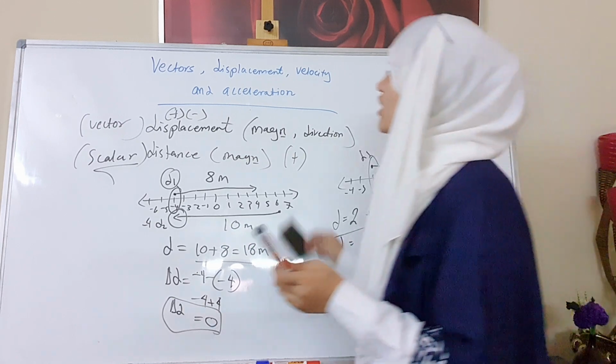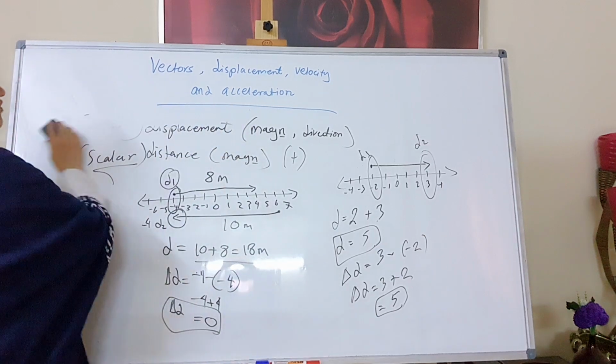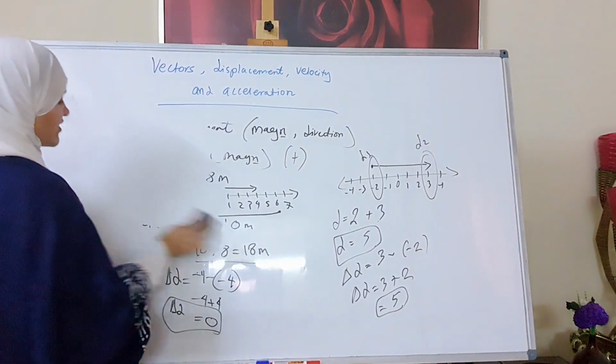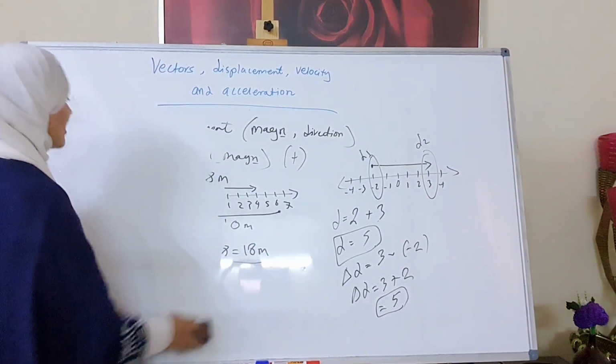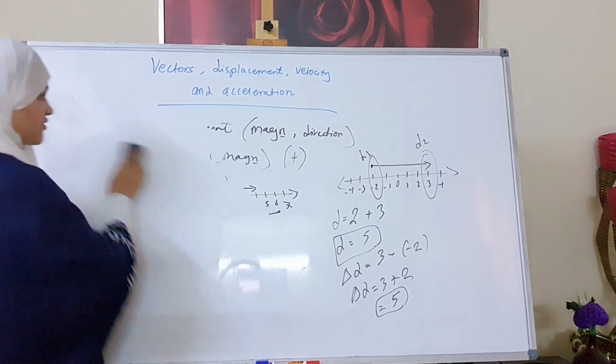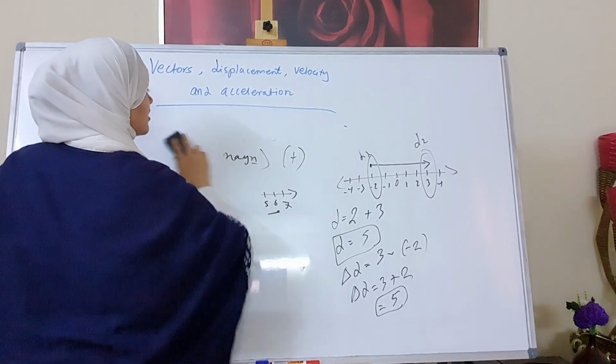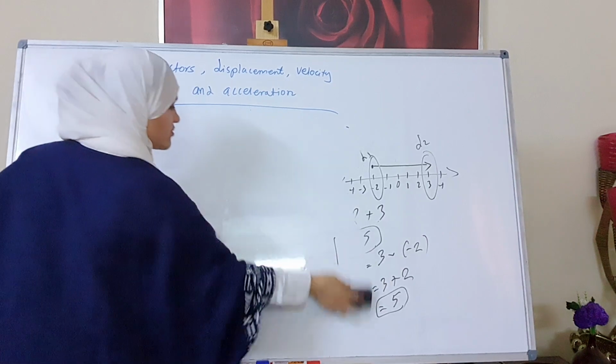But what about velocity and speed? Velocity and speed are the same in SI unit, but have different formulas.